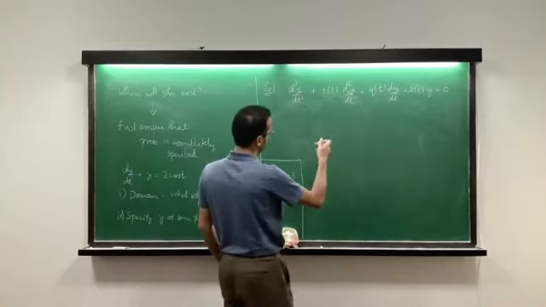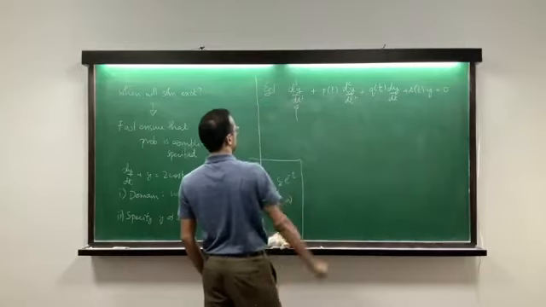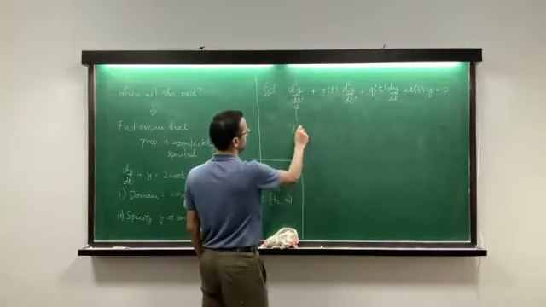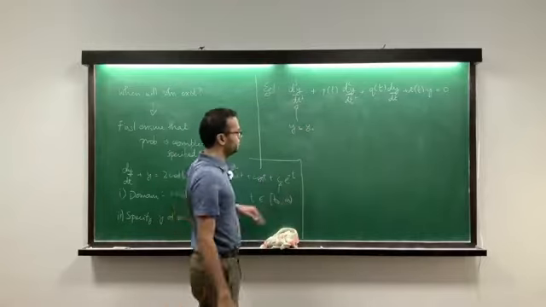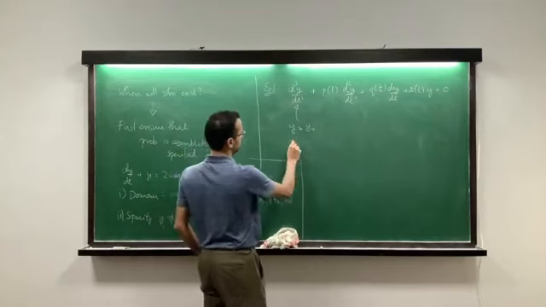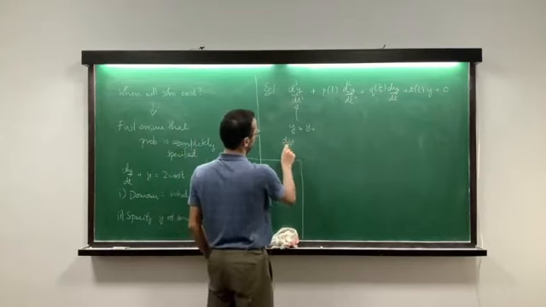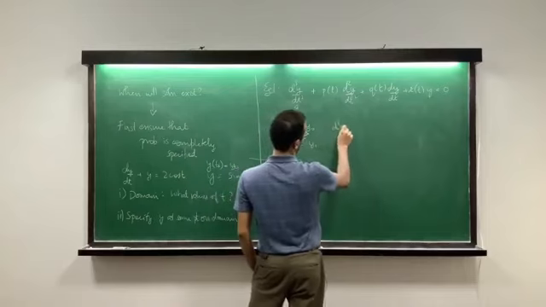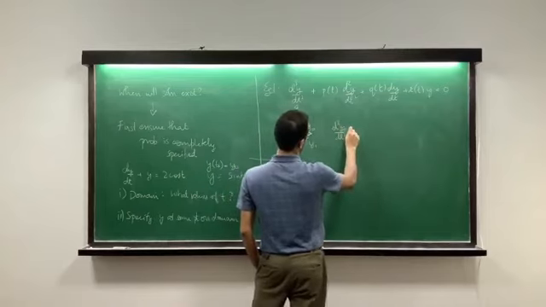To see that, let's change variables. I'm going to call y as y0. I'm just changing the labeling. I'm going to call dy by dt as y1, and I'm going to call d square y by dt square as y2.